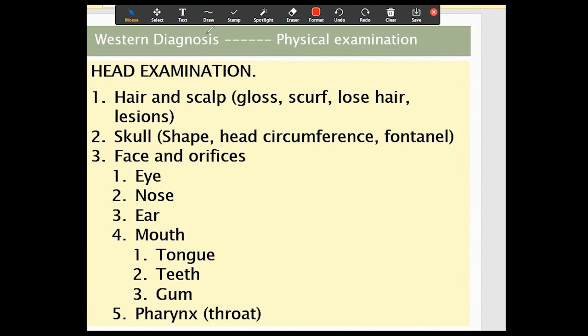So still remember, when we're talking about physical examinations, we have 4 ways of checking. Looking. First way, just look, or inspection.